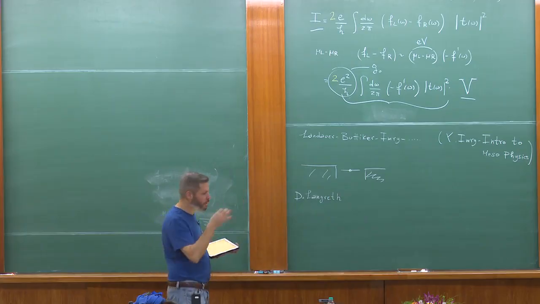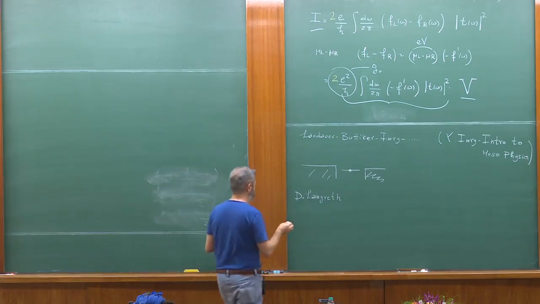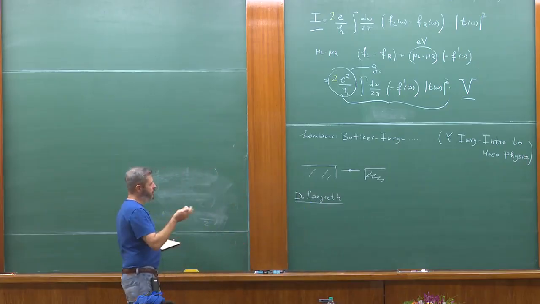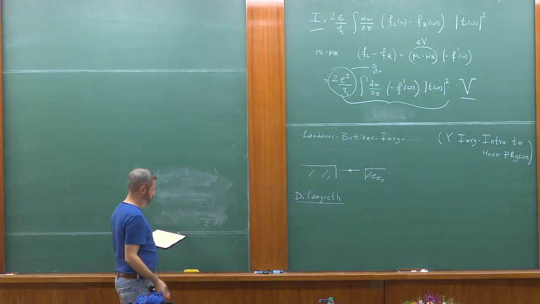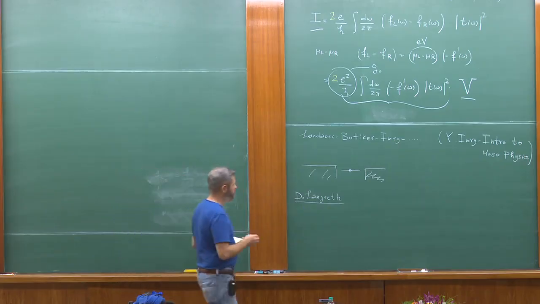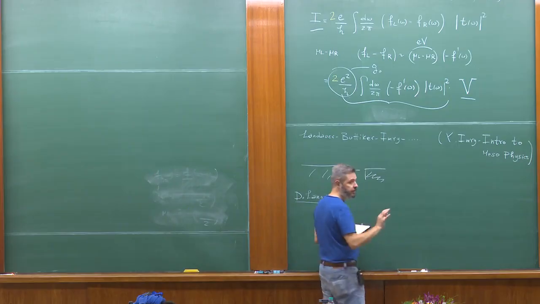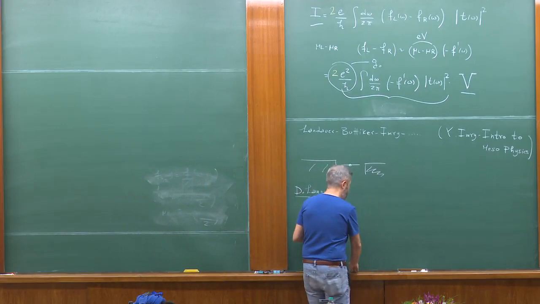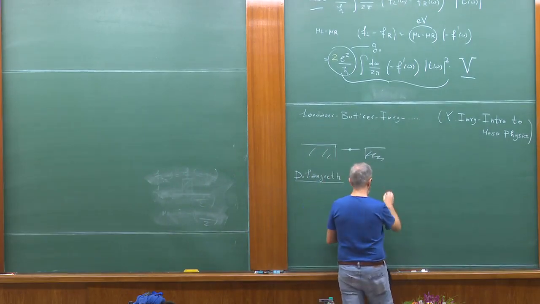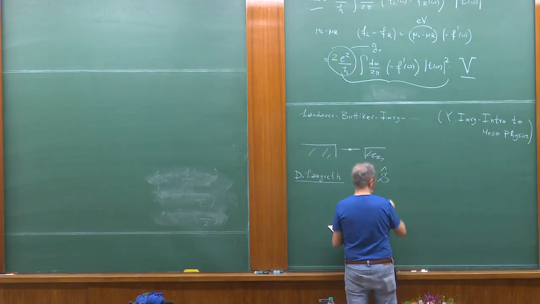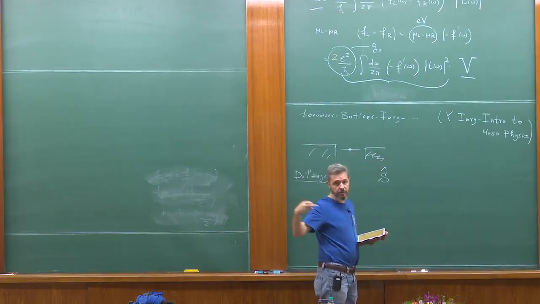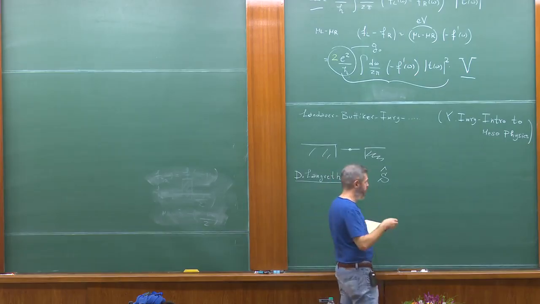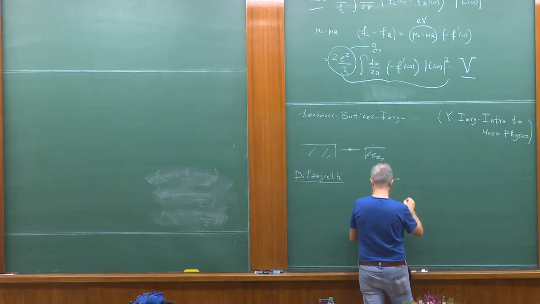He was interested in impurity problems and in some relations between scattering phases and occupation of the levels. Never mind. The bottom line is the following, and I'll tell you just the result. I'm not going to derive it for you. The scattering matrix is a 2x2 matrix because I have just 1 channel per lead.